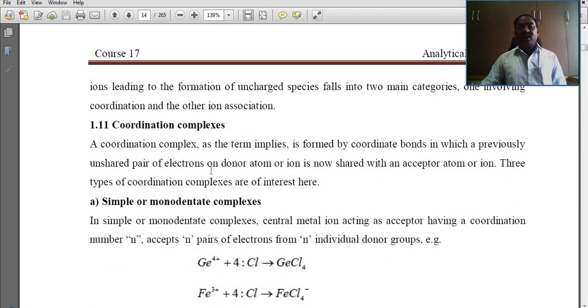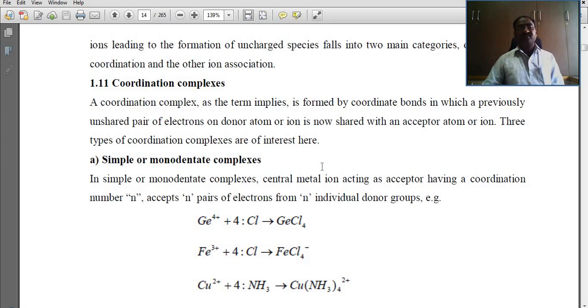We consider coordination complexes. A coordination complex, as the term implies, is formed by a coordinate bond in which a previously unshared pair of electrons on a donor atom or ion is now shared with an acceptor atom or ion.